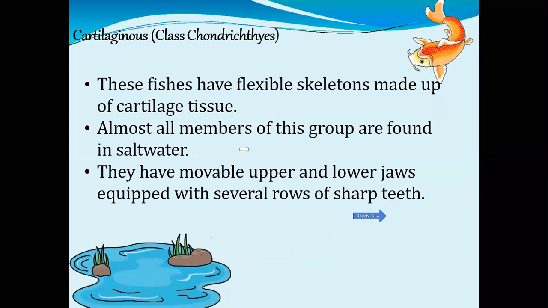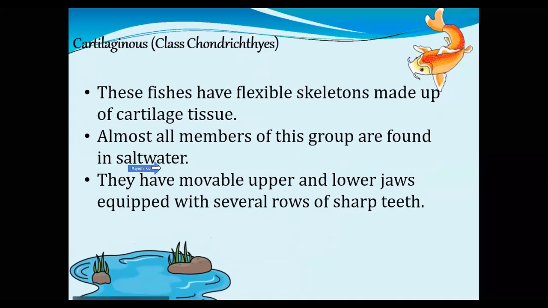Most of the fishes of this group are found in salt water. Cartilaginous fishes are found in salt water. They are not found in fresh water, not in river water or pond water. They are found in salt water, that means in ocean or in sea.